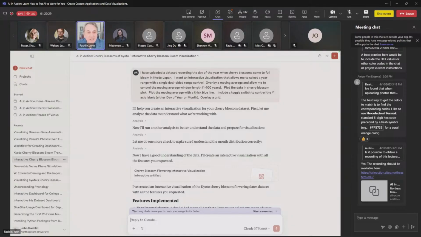And I explained to Claude, I've uploaded a data set. I gave it some context saying this is data representing the day of the year when cherry blossoms come to full bloom in Kyoto, Japan. And that I want to create an interactive visualization that allows me to select a year range, that allows me to overlay a moving average and to control the window size of that moving average.